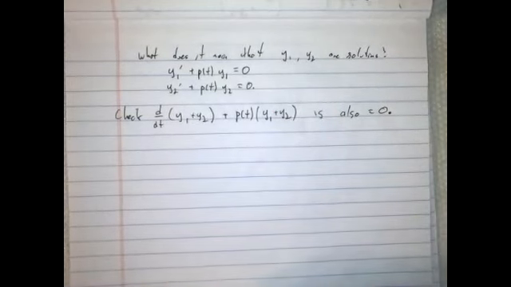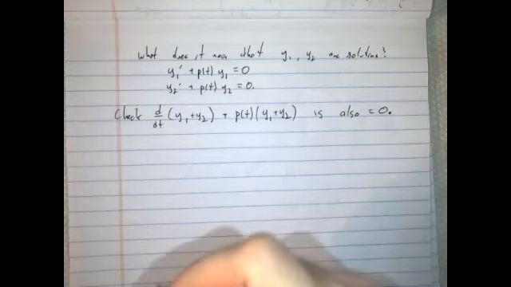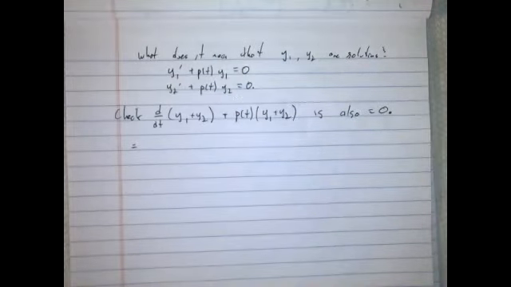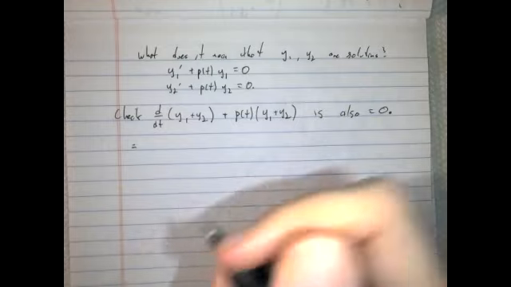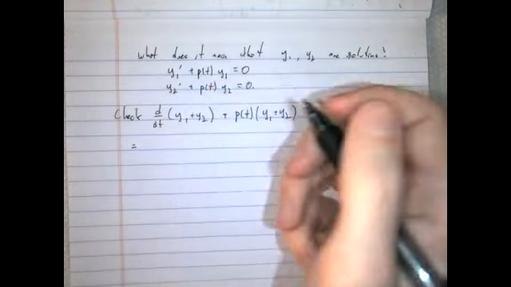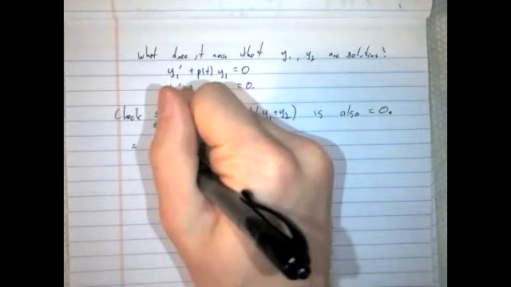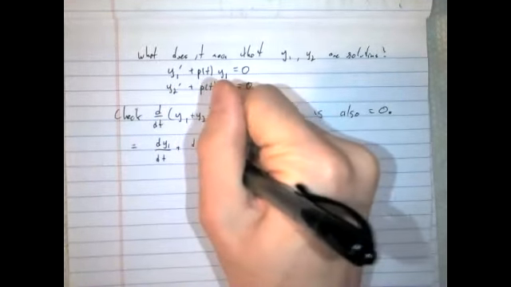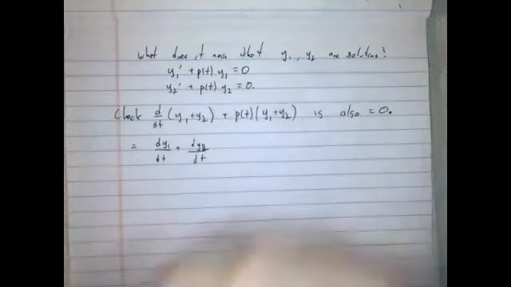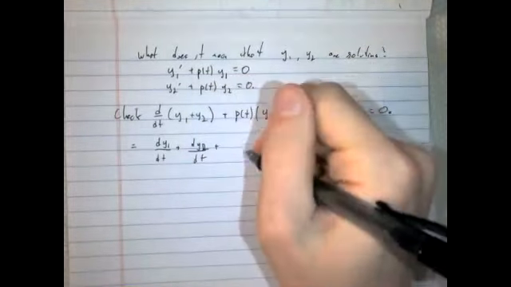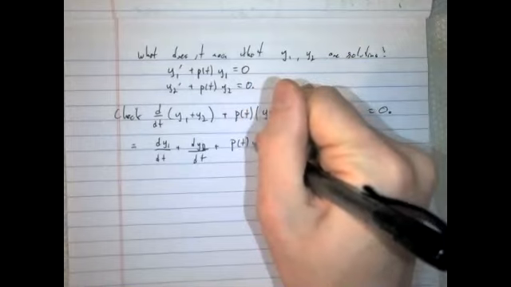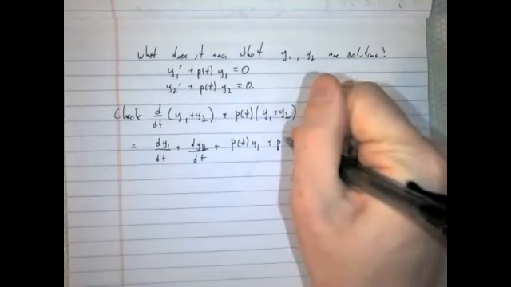What's the derivative of a sum? It's the sum of the derivatives. So this is equal to dy1 over dt plus dy2 over dt plus, here we just multiply, p of t y1 plus p of t y2.